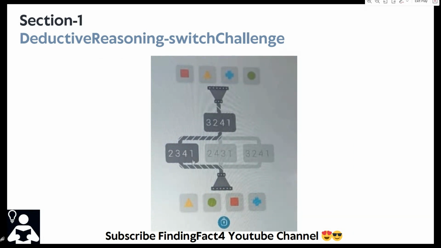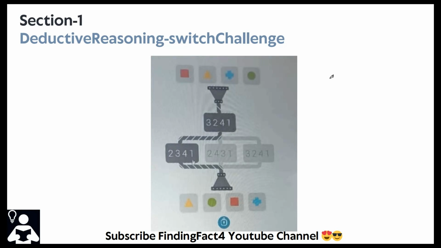Coming to the next problem, they have given two switches. One is over here, 3241, and some switches over here. First, we need to convert the given diagrams into the 3241.